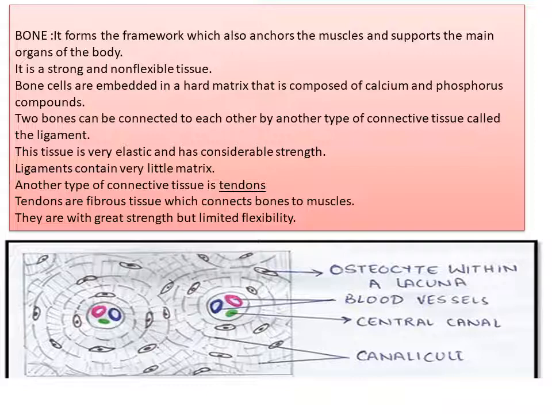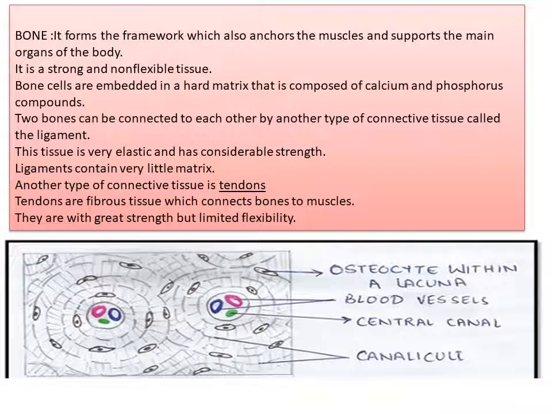Children, you have already seen one more diagram which is there in the NCERT book, but this is another diagram which is giving you a clear picture as to how they look. These are the concentric circles which are arranged one after the other, and these small circular cells are called osteocytes.